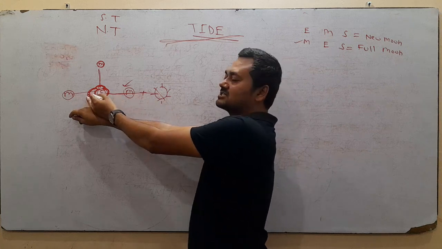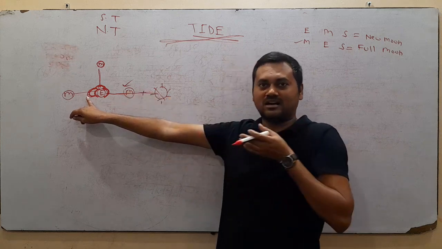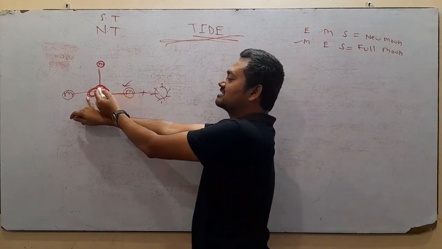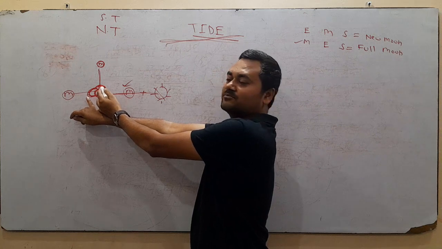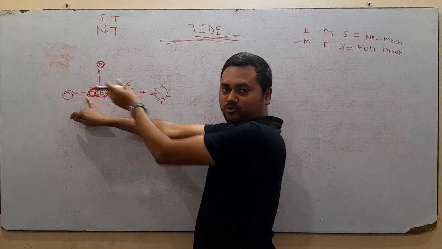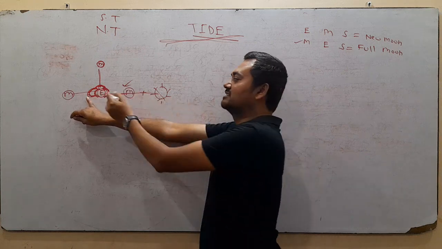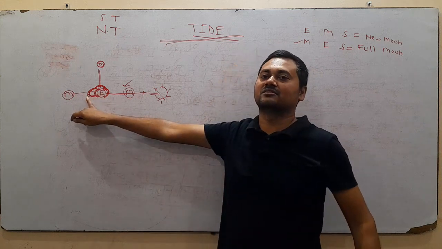Because the bulging is just opposite of the sun, the sun will try to attract, but attracting the water from here is easier for the sun as compared to pulling the water from this position.